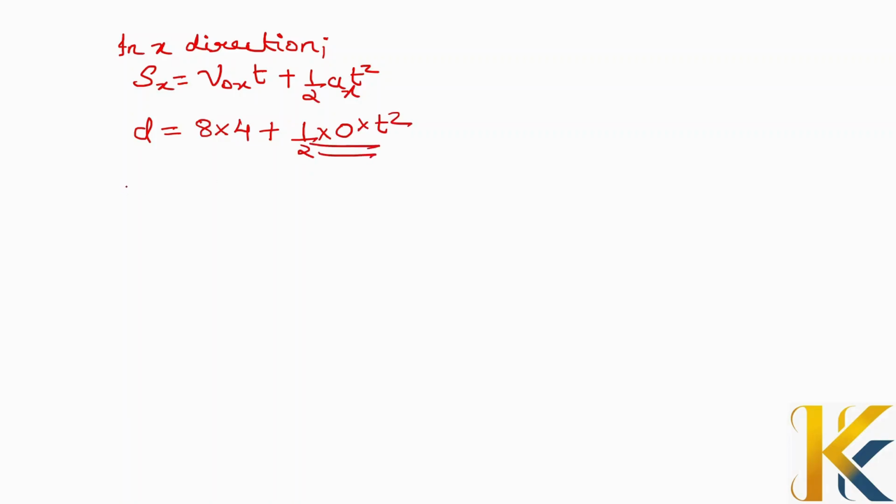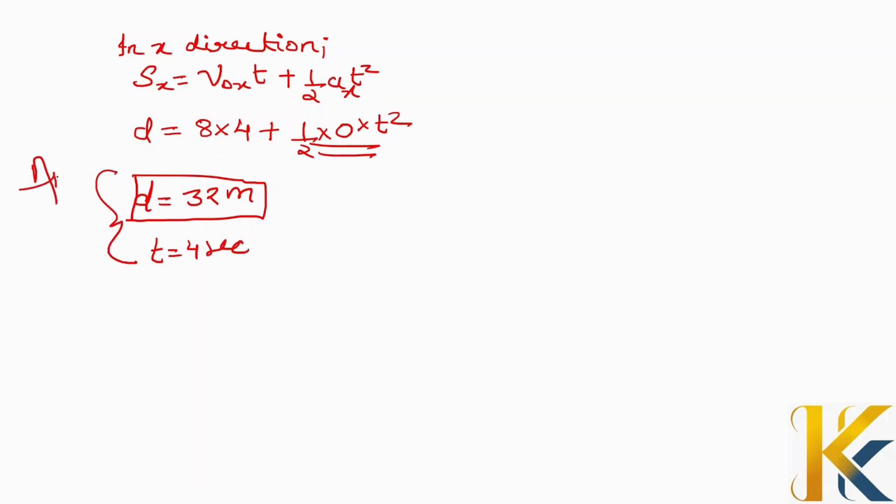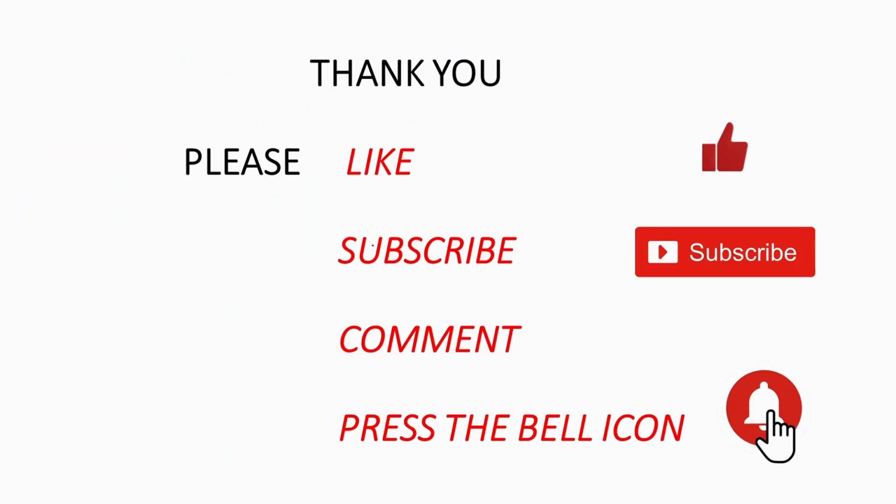This part becomes 0 and d will be equal to 8 into 4, which is 32 meter. So what we got? We got t as 4 seconds and d as 32 meter. This is the answer. So we have solved the numerical.